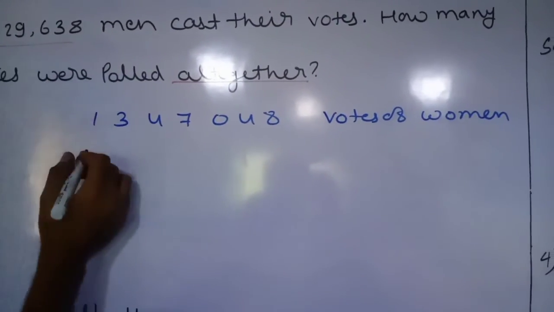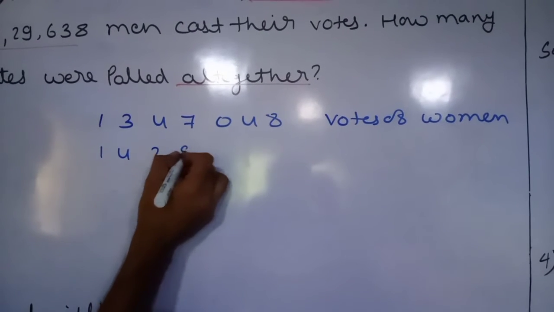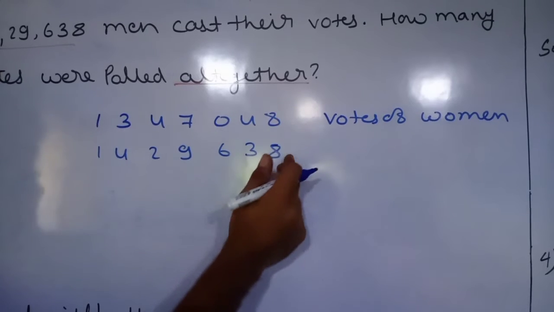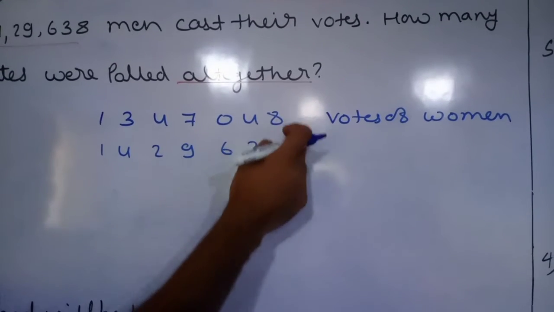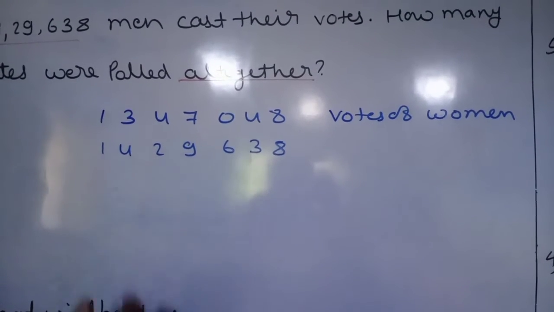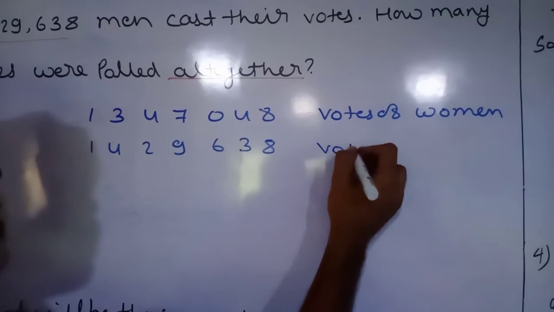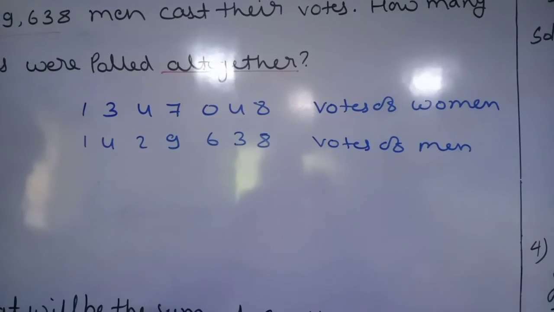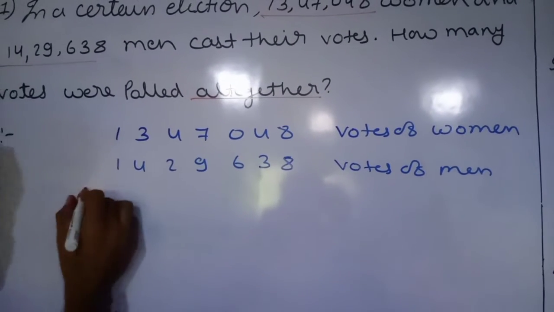The next one given is 14,29,638. Keep one digit below the other: unit under unit, tens under tens, whatever we have learned. And this is the votes of men. Now we are going to do the addition of these.